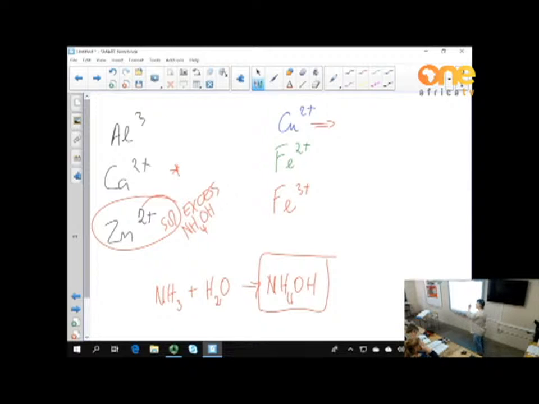But the light blue precipitate of copper, if I add excess ammonium hydroxide, it forms the ammoniated complex ion, which is a deep dark blue solution. All right. That's the color of your shirt. That is the metal ions.